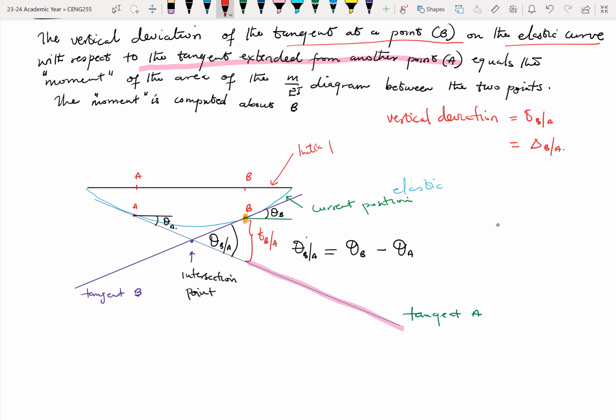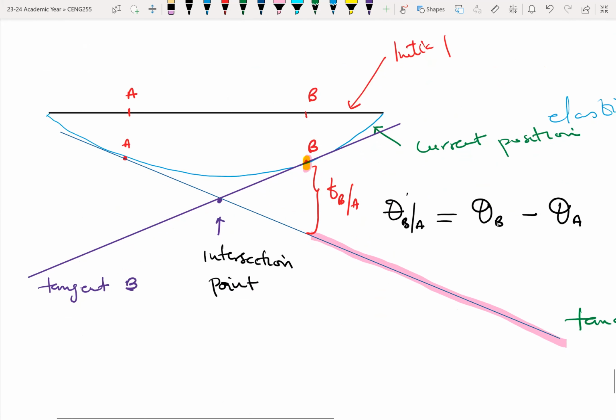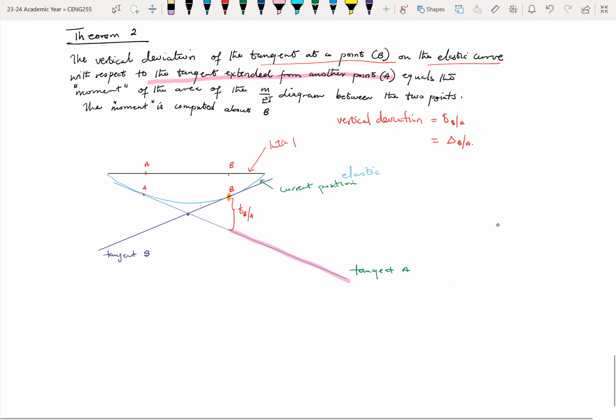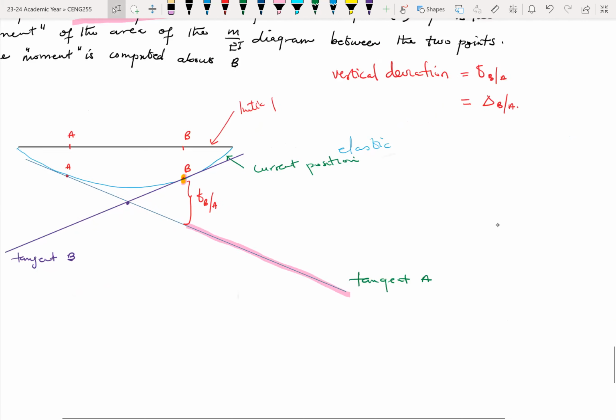So to find this vertical deviation TBA, let me take away the angle so that my diagram looks clean.